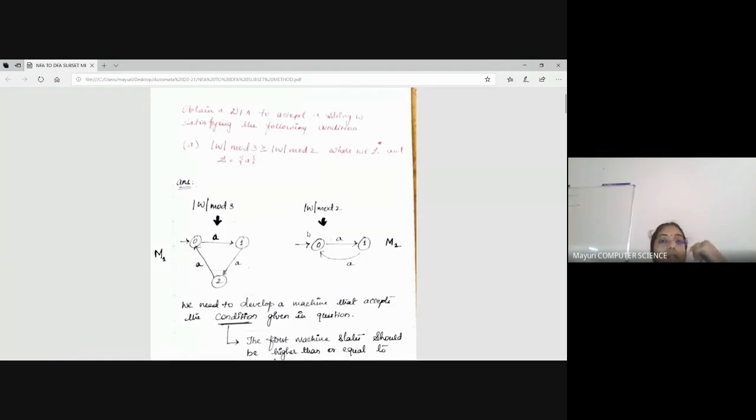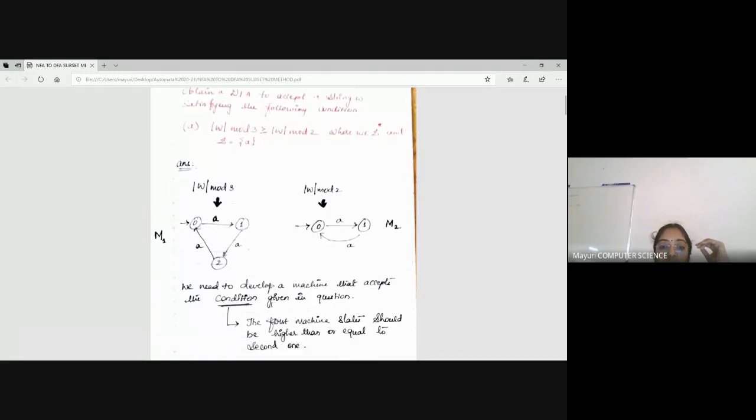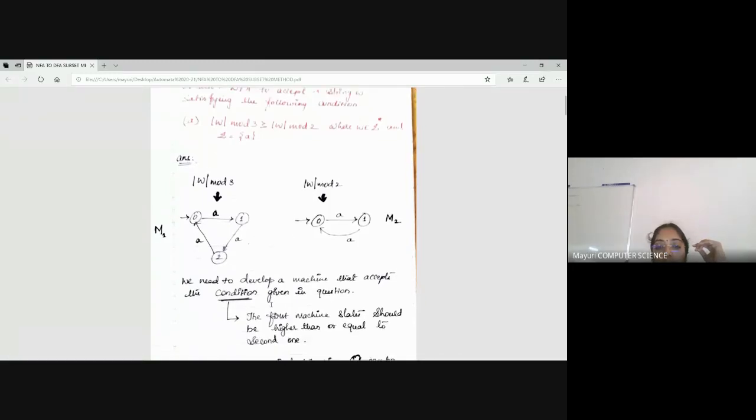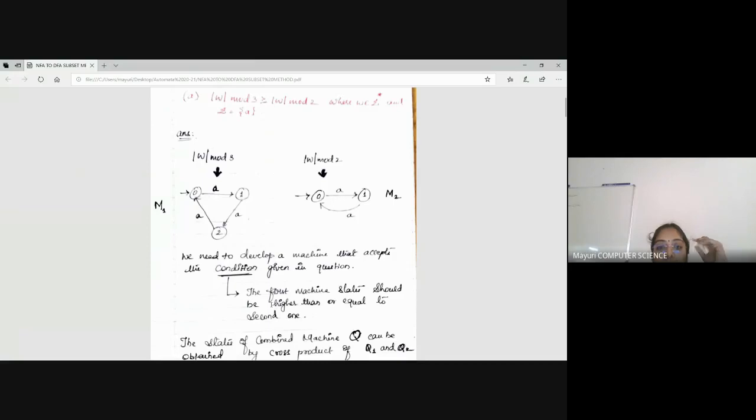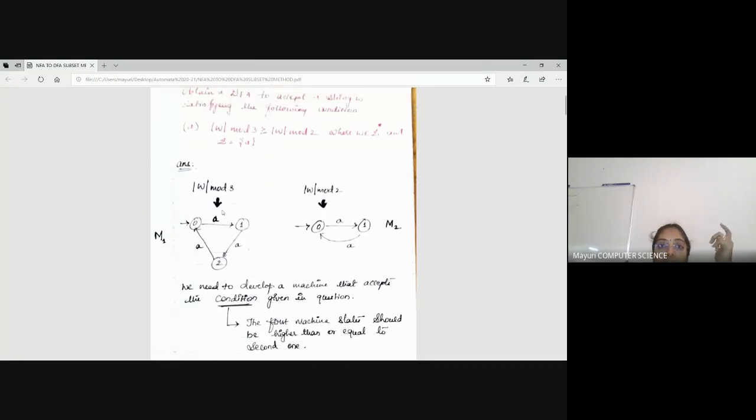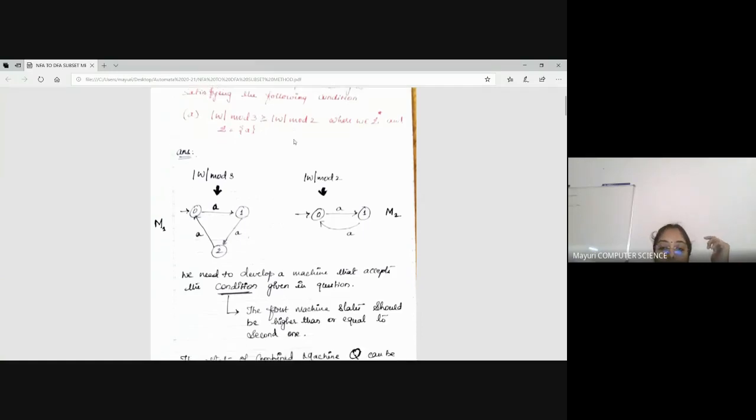Then how are we going to achieve the combined machine? What could be the states of the combined machine which satisfies the condition given here? We need to develop a machine that accepts the condition given in the question: the first machine's state should be larger than or equal to the second one's. Those are the final states.